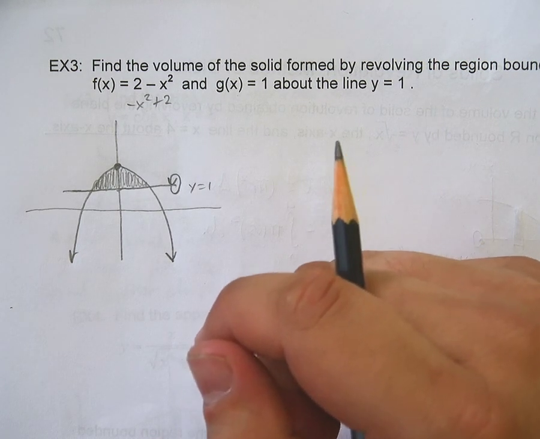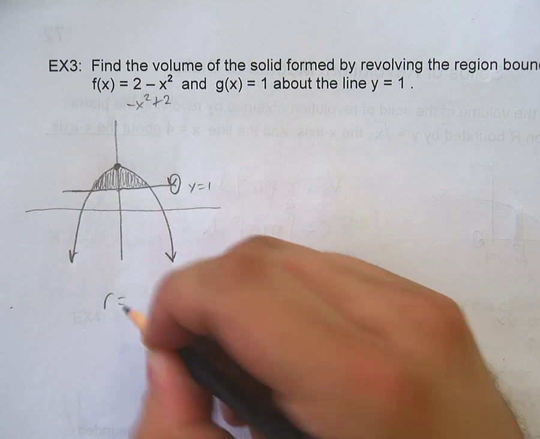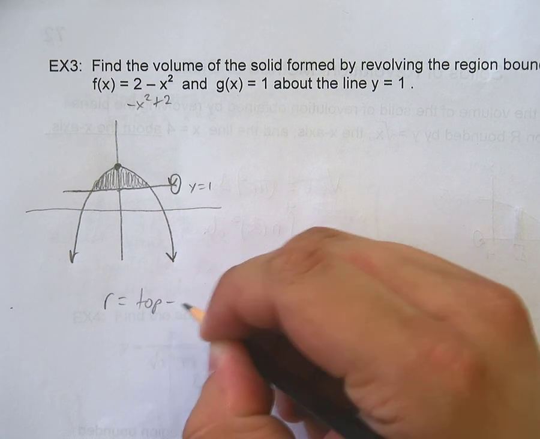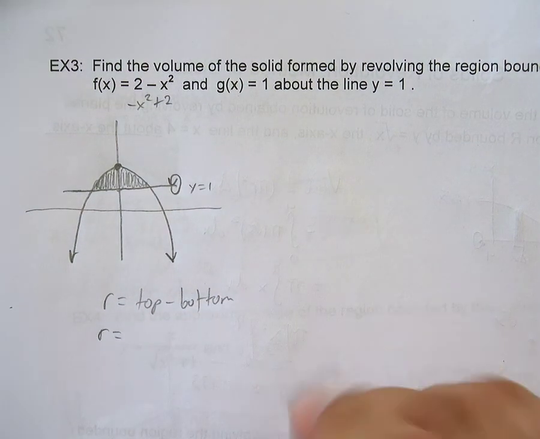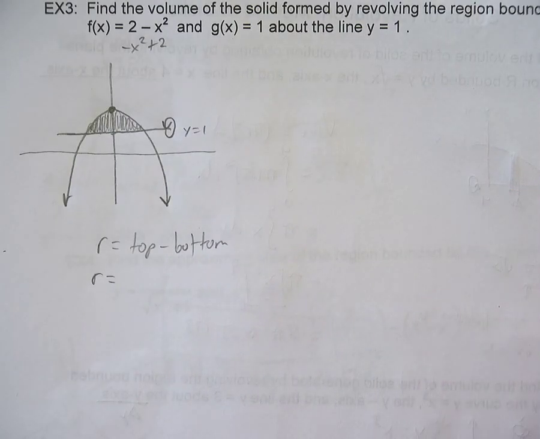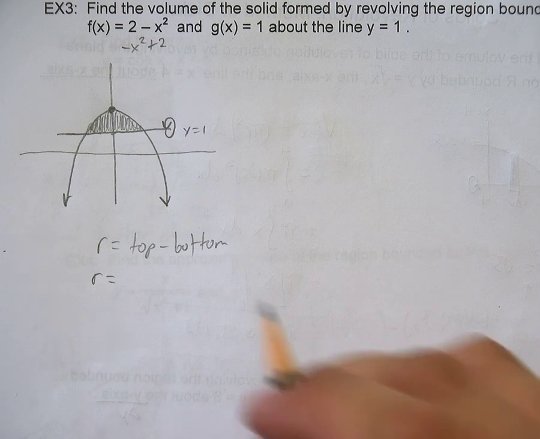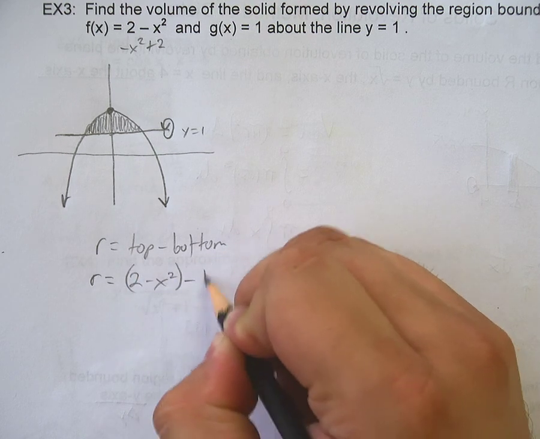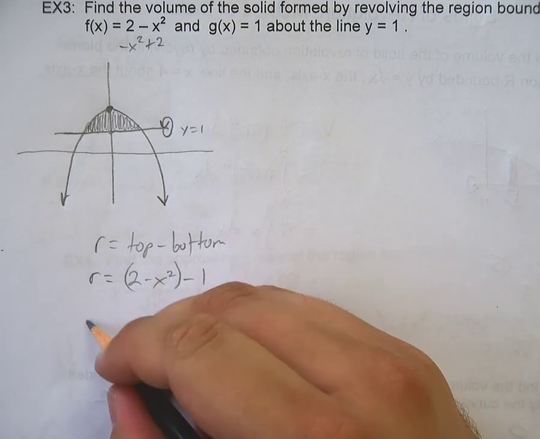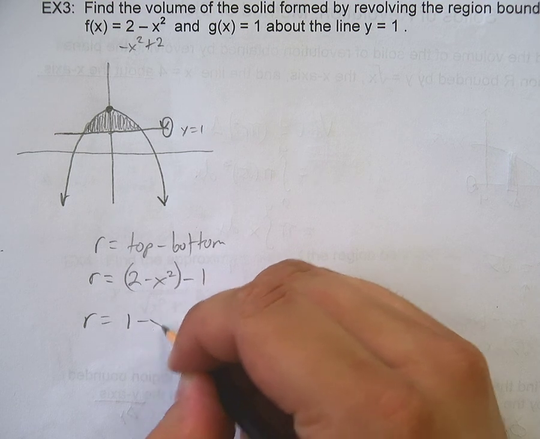Okay, so remember your radius is going to be the top minus the bottom. So come up with your radius here. And we've got 2 minus x squared minus 1, which is just 1 minus x squared.